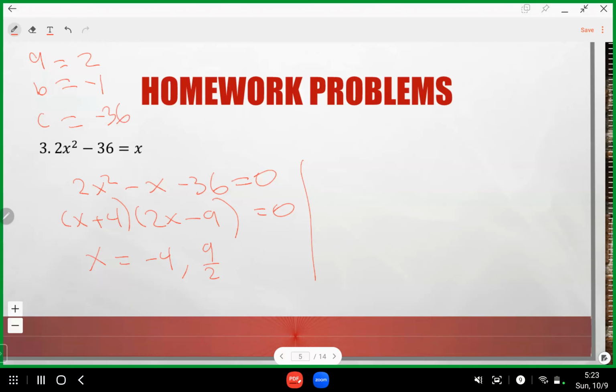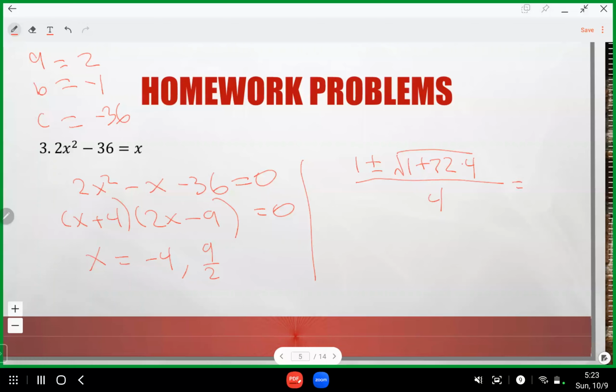Okay, so then if you plug it into the quadratic formula, it's going to be equal to 1 plus minus the square root of 1 plus 72 times 4. 72 times 4 plus 1 is going to be 289, which is the square root of something, and that's going to be over 4.